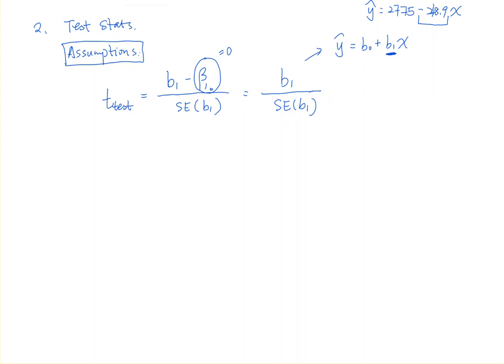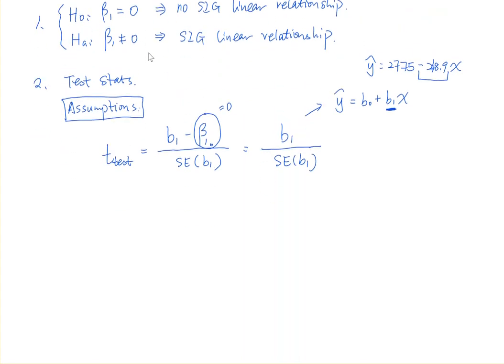All right, so to test about beta 1, we want to get the t-test statistic. The t-test statistic will have the formula of b1, which is the estimate, minus the hypothesized value, divided by the standard error of the estimate. It will be the same format.